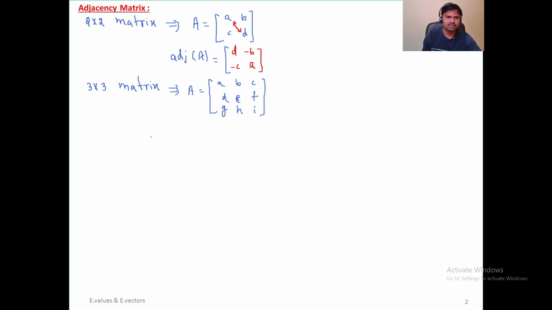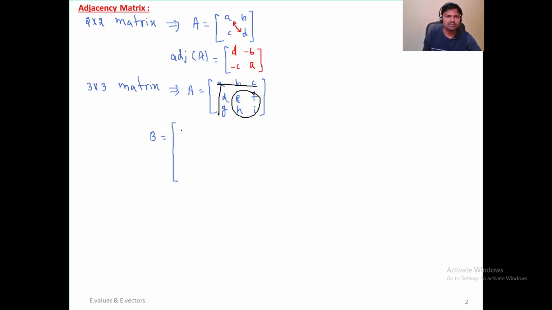So let us assume the matrix B is the cofactor matrix. You know how to find it already, I am just recalling. Here the first entry is, with respect to a, the determinant we need to find. This row and this column will disappear, and this determinant we need to calculate: e into i minus h into f.